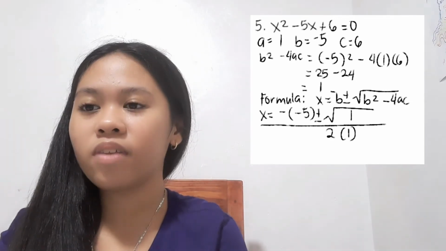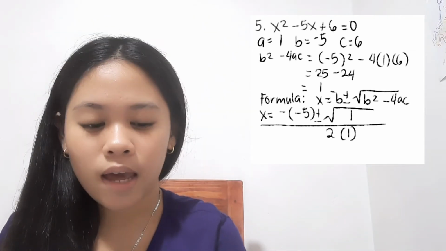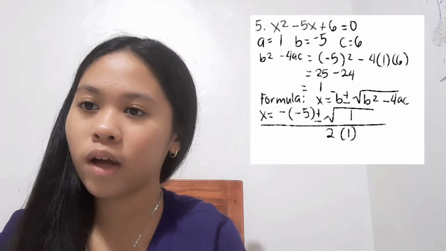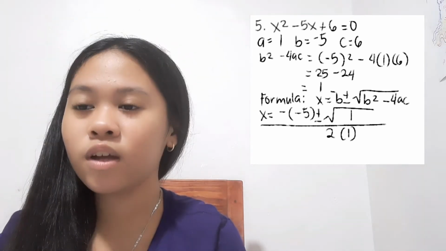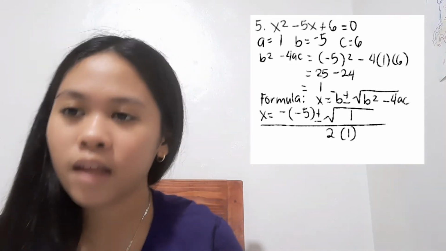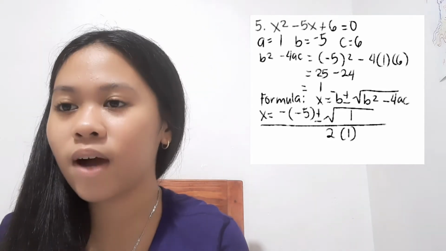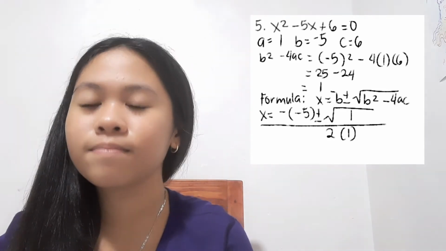Negative 5 times negative 5 is equal to positive 25, and negative 4 times 1 is equal to negative 4, times 6 is equal to negative 24.